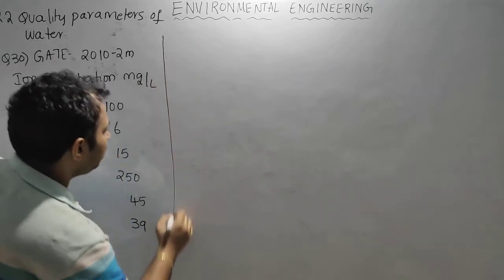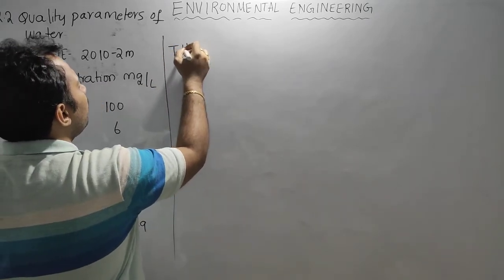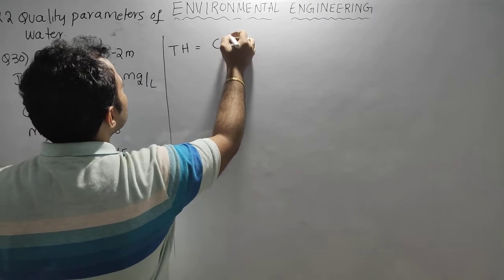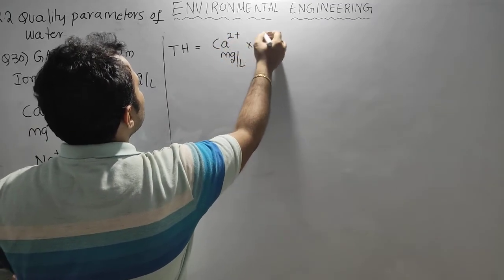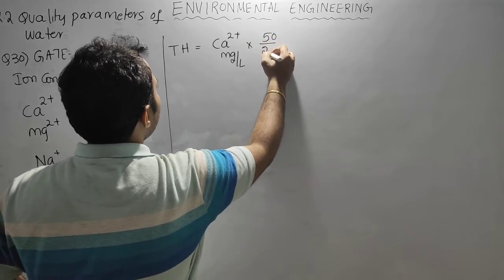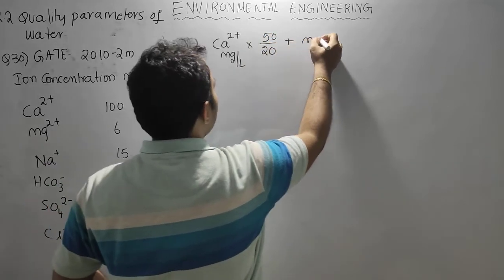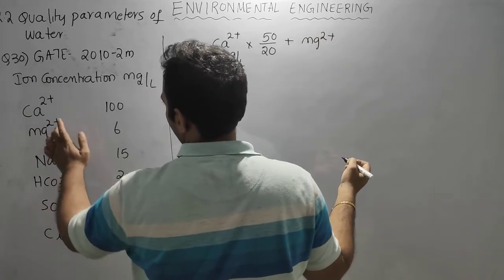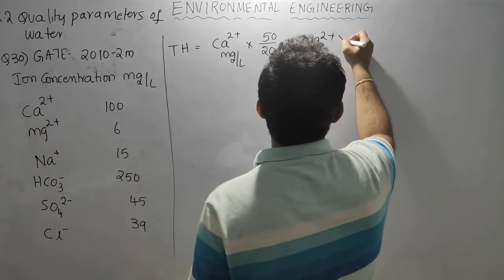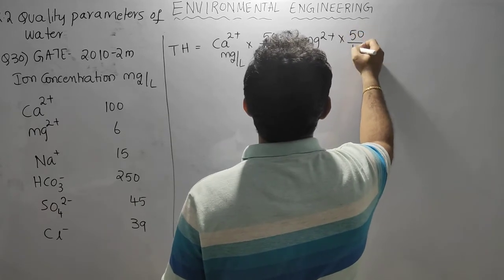Total hardness is equal to Ca2+ in mg per liter into 50 by 20, plus Mg2+, because the multivalent cations are only these two, Mg2+ into 50 by 12.